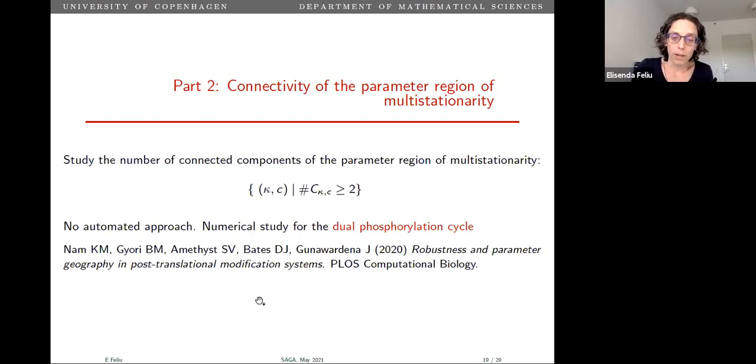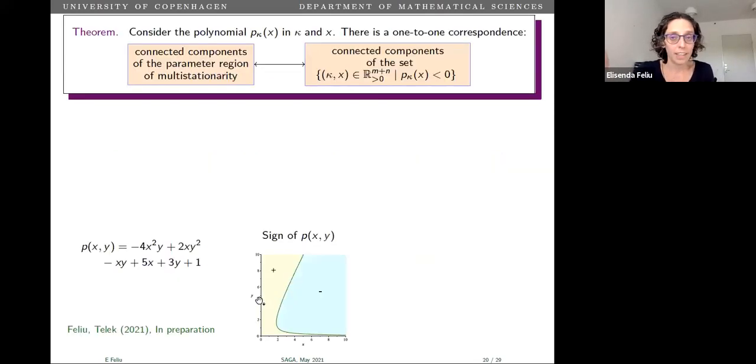And well, very recently, Mate Telek came to visit my group as a research assistant in October. And as I do with many people, I gave him this question: how can I decide whether a parameter region of multistationarity is connected? And I gave him the histidine kinase, the HK example I showed you before. And well, he made a great realization, which is the following. Remember the polynomial p(kappa, x) I had before, right?